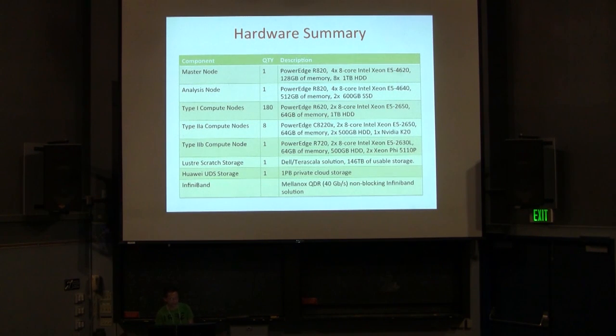The type 2A compute nodes are accelerated by the NVIDIA K20 GPUs, which are the latest Kepler GPUs. And we were also very lucky to get a few Intel Xeon Phi donated by Intel itself. So I'll tell you a little bit about that.